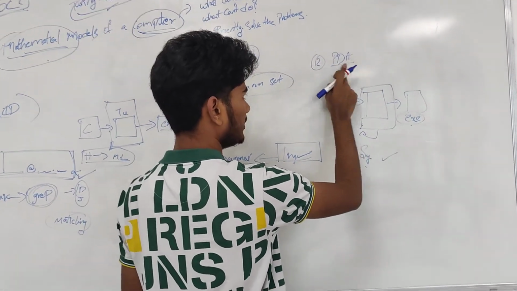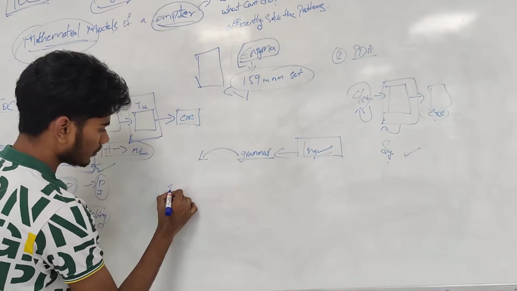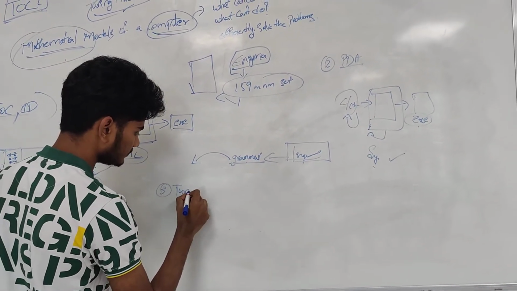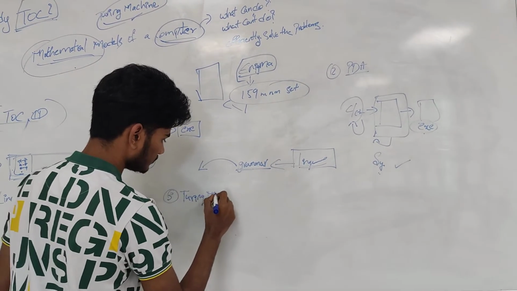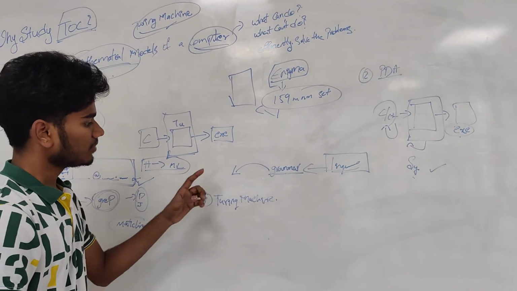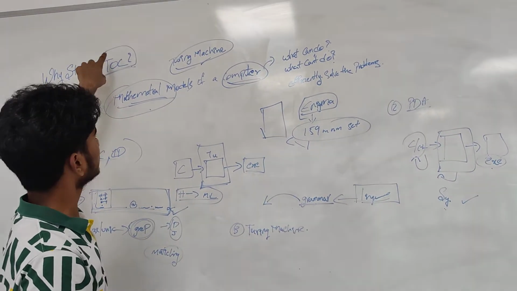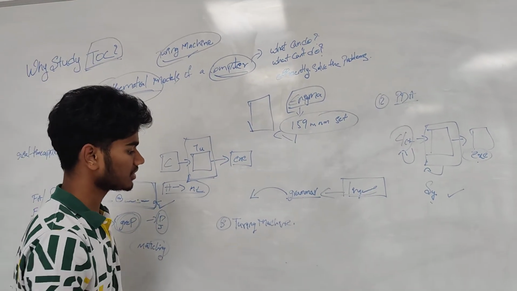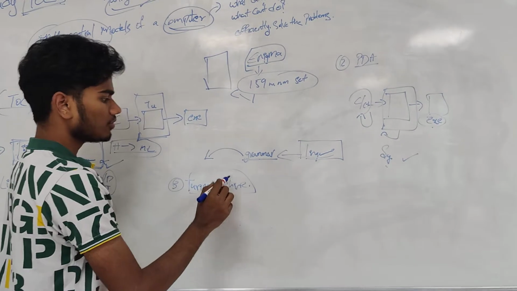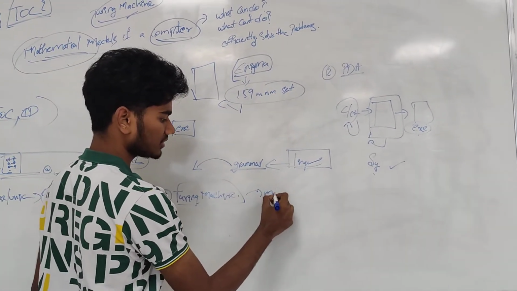So PDA is also useful, and the third most important model is the Turing machine. Turing machine is the most important model that we can learn in our course Theory of Computations, because it is a model like our modern computers.